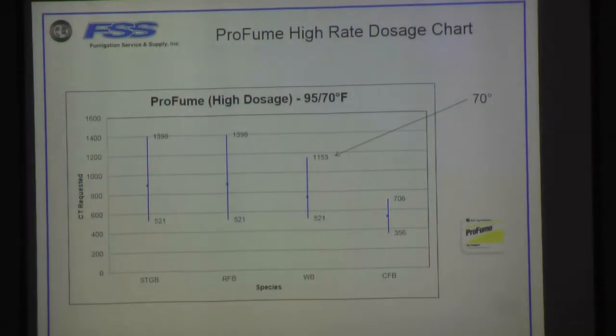As an example of how temperature can affect the differences in these rates, at 70 degrees, our optimum control of warehouse beetle on a high rate is almost 1200 CT, concentration and time. If it were 95 in the same structure, 521. So less than half of the amount of fumigant to do the job.